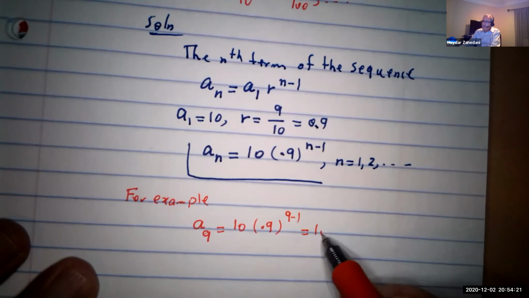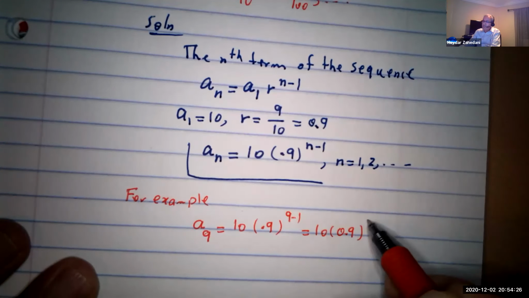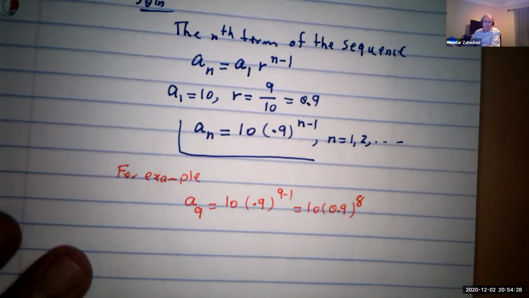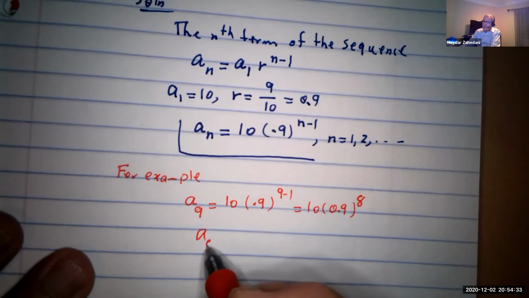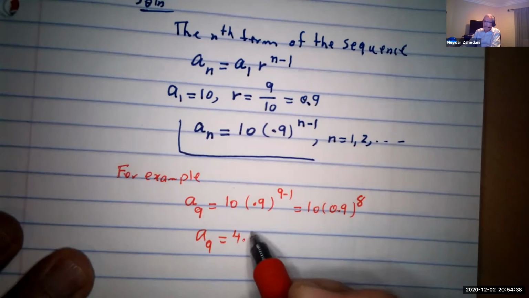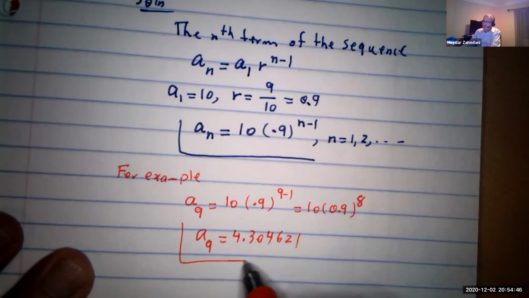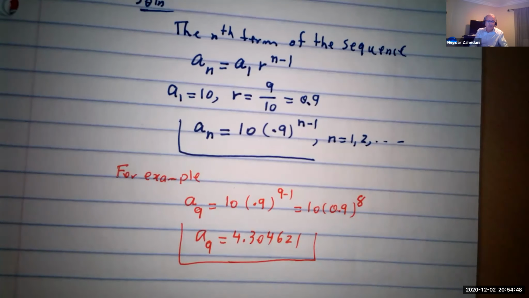So it's going to be 10 times 0.9 to the 8. Then you have to use your calculator if it's going to be on the test to find it. So for example, the 9th term of this sequence is going to be 4.304621. If they ask, there is one in your book. So we just want to make sure that you won't be surprised, and that you'll be able to find it.